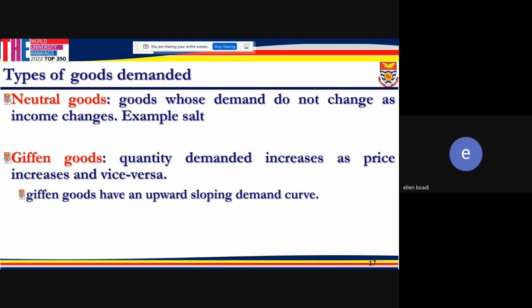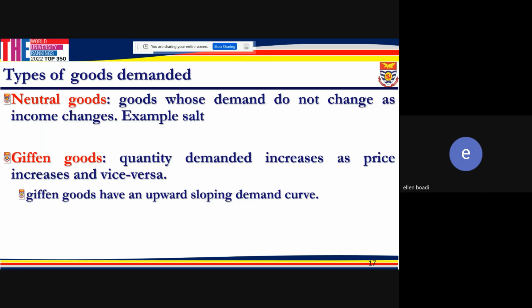And the gifting good. We say a good is a gifting good when quantity demanded increases as price increases. Price is increasing, quantity demanded increases. It means when price falls, quantity demanded also falls. When price falls, we have a higher purchasing power.